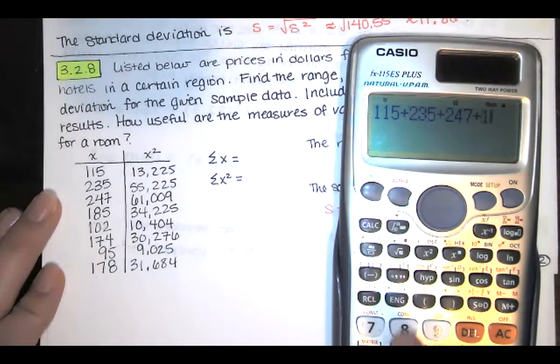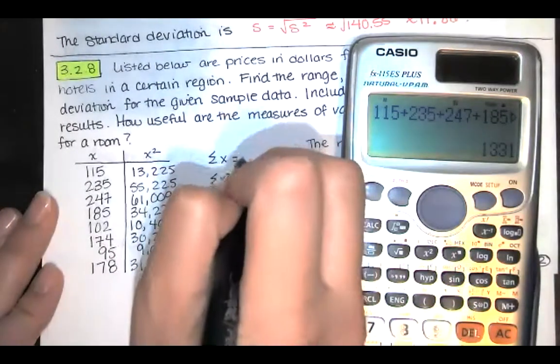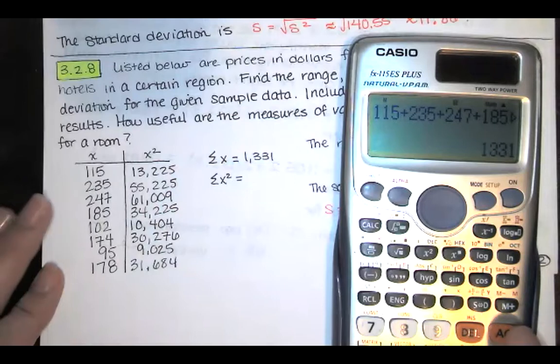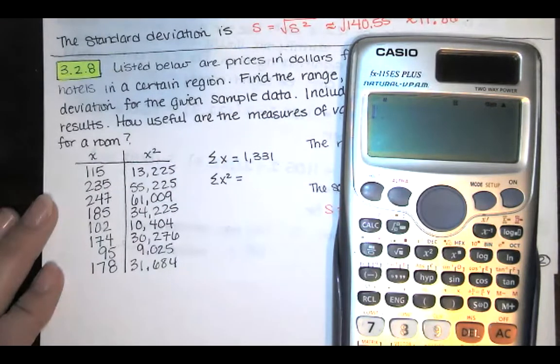This is a good thing to do with a partner if you're doing this by hand, just for both of you to do the same thing and see if you get the same answer. So we get 1,331 for the sum of the x's. And the sum of the x squared is this.